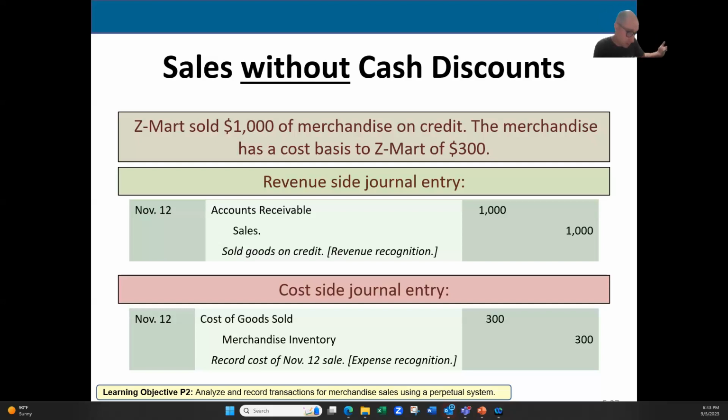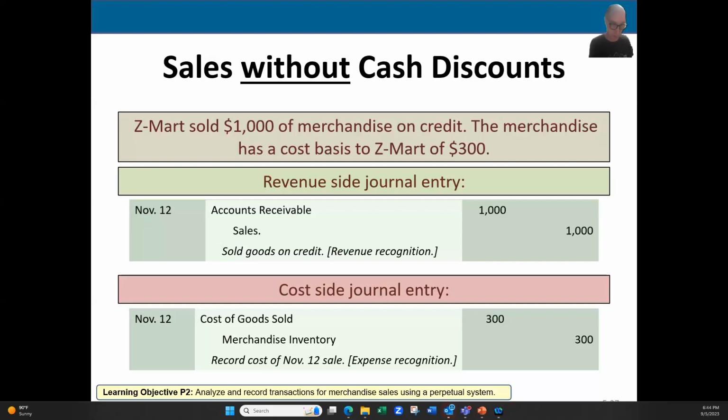Debit accounts receivable, $1,000. I sold it on credit to my customer. They're going to pay me later. That's accounts receivable, $1,000. I credit sales, $1,000. The other thing that happens at the same exact time to take it out of inventory is I debit cost of goods sold, $300.